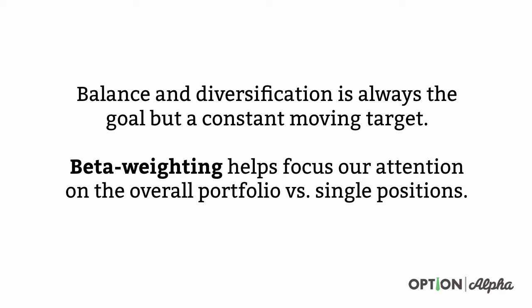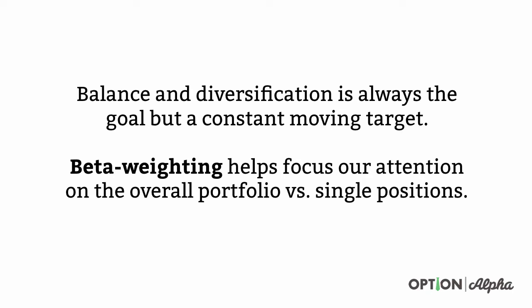In our opinion, we think beta weighting, as we talked about previously, helps focus our attention on the overall portfolio versus single options. Because beta weighting takes all of these different industries and makes them relevant to one ETF or index that you're using for your beta weighting.